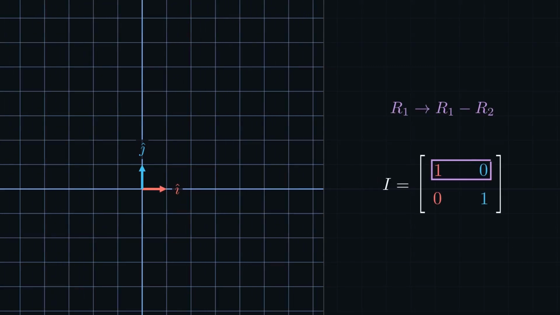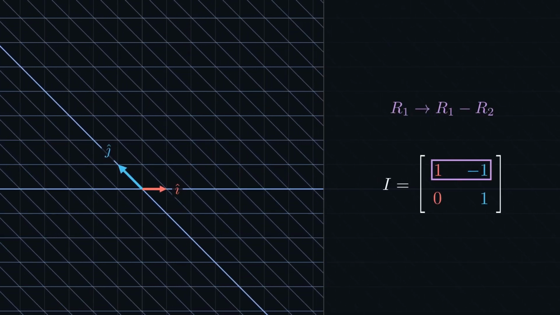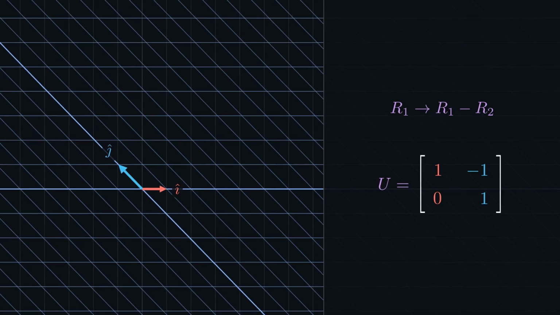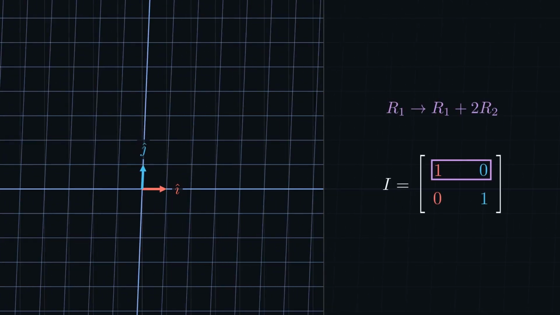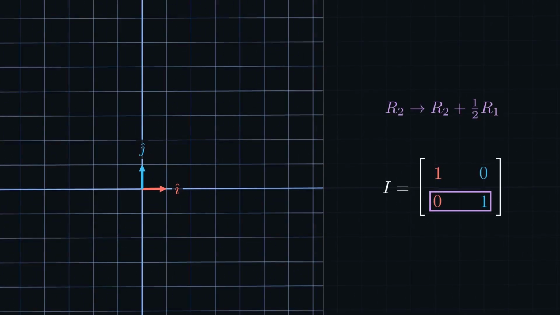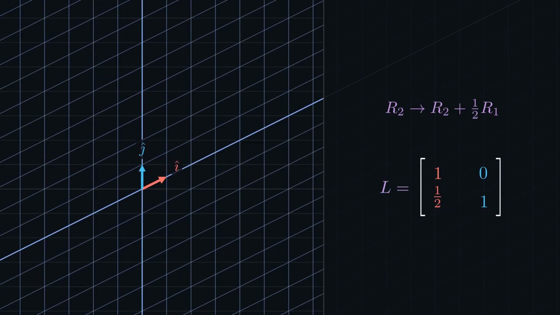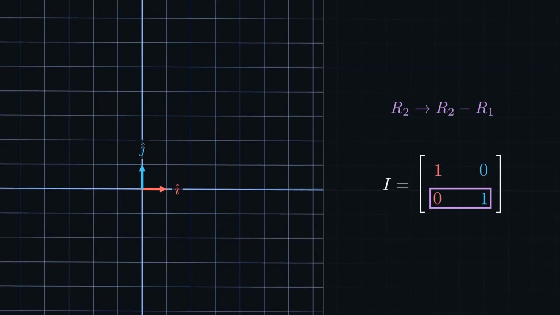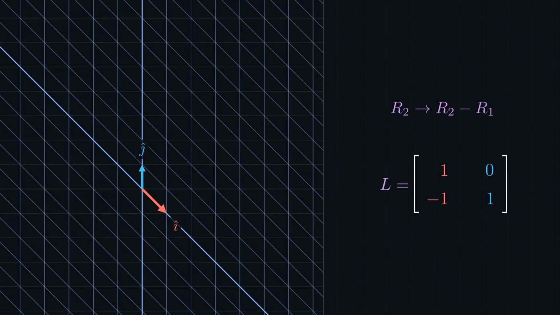And for our third and fourth rule, the upper and lower rule, it's just shearing the axis. You can probably see that all of these are linear operations. The origin is not moving, and all of the grid lines are remaining parallel and equally distant.